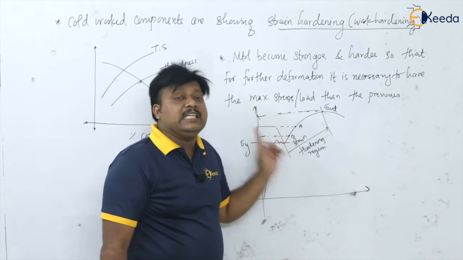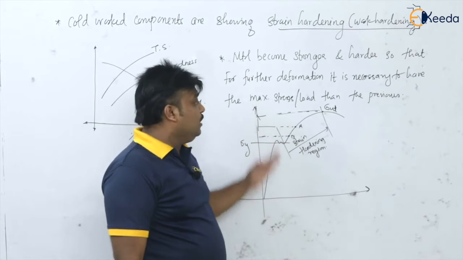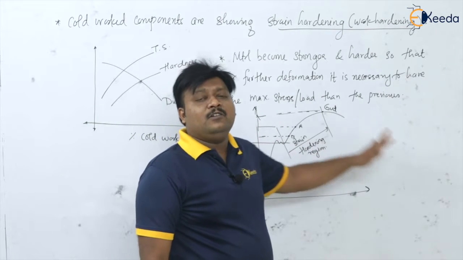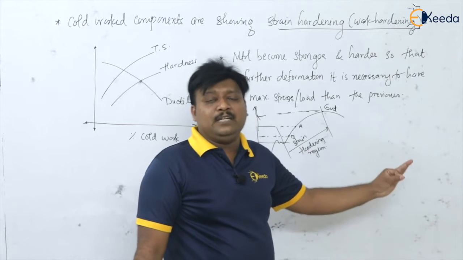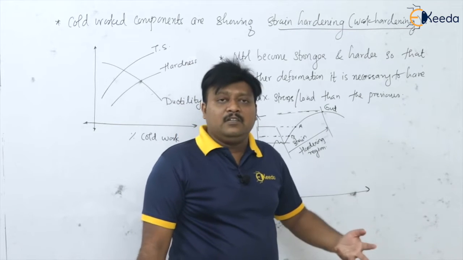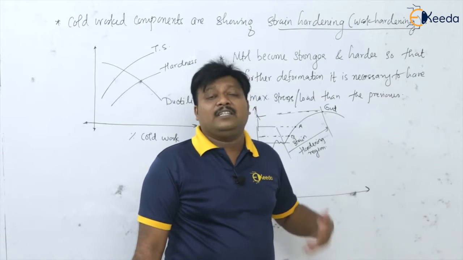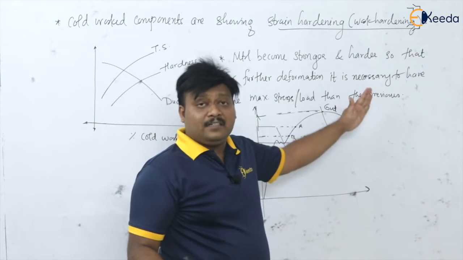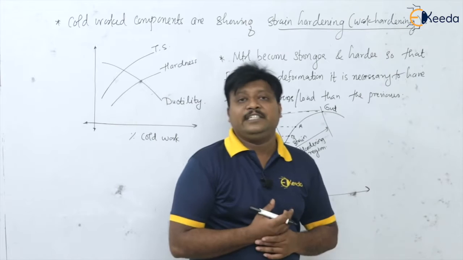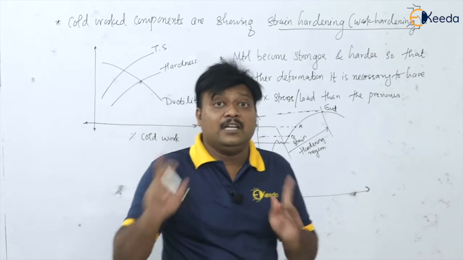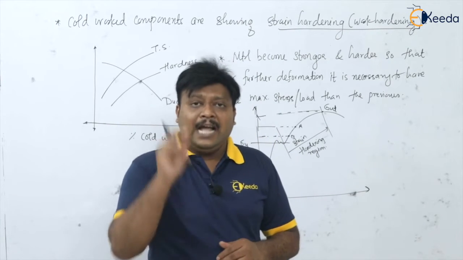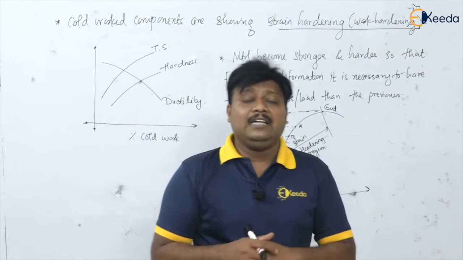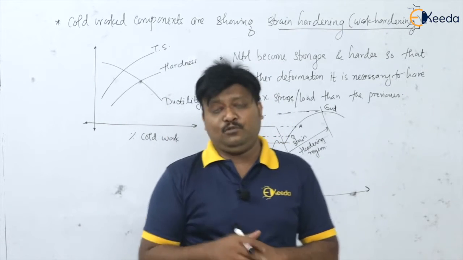To avoid this crack formation, we remove the material from this region and apply a suitable heat treatment process which will give softness to that material, so that we can again have the further required deformation into the material without cracks. And for that reason we have this annealing process.